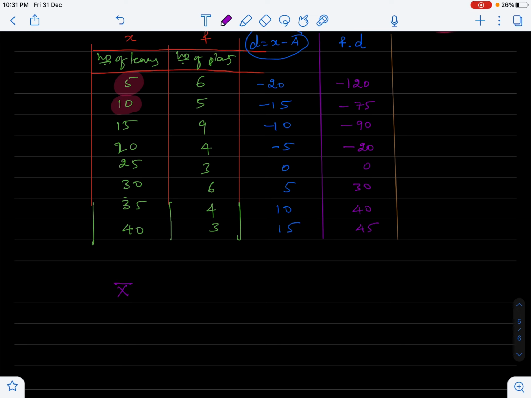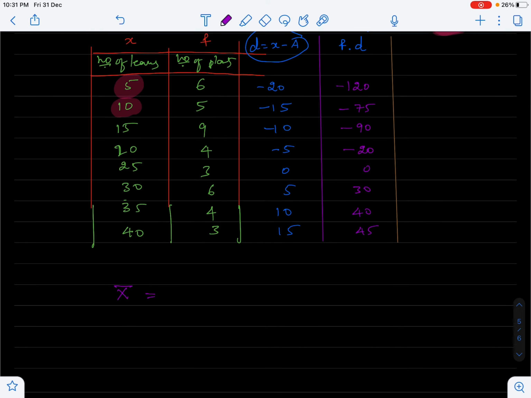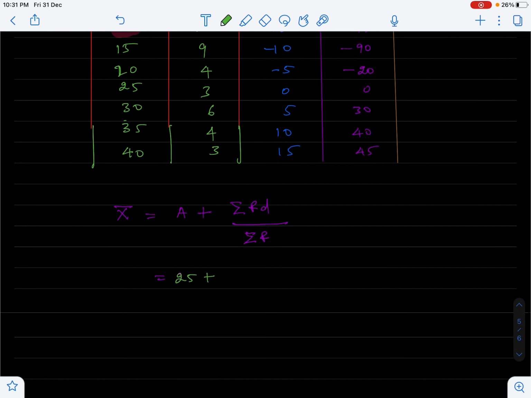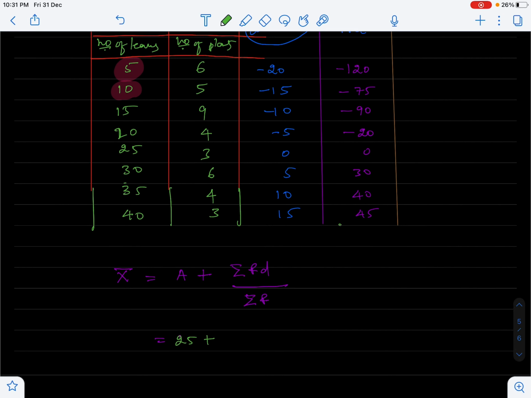Though we know the formula, x bar, when we are using the assumed mean, we add the assumed mean value plus summation of fd divided by the number of observations, which is the sum of all the frequencies. Here I have taken the assumed mean as 25. Now I have to find the summation of f into d.